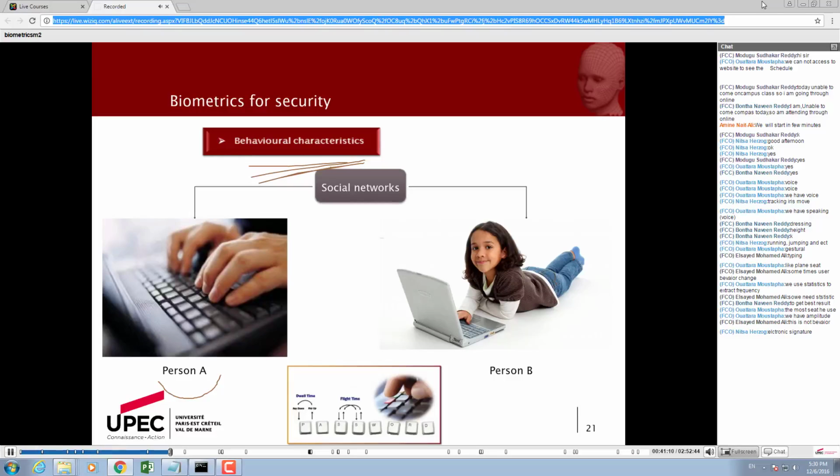So person A is using a keyboard through the social network. And we can imagine this person is discussing with another person. Of course, this one will not see this one.